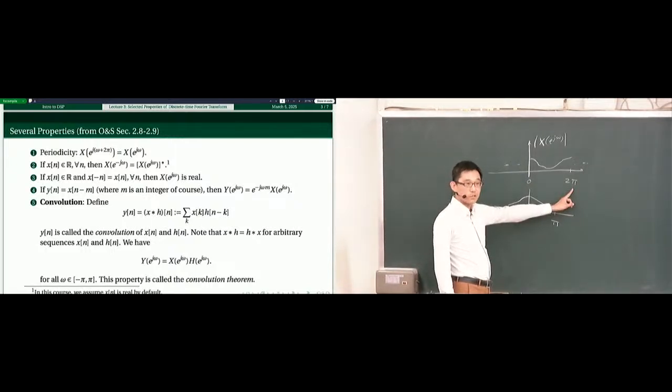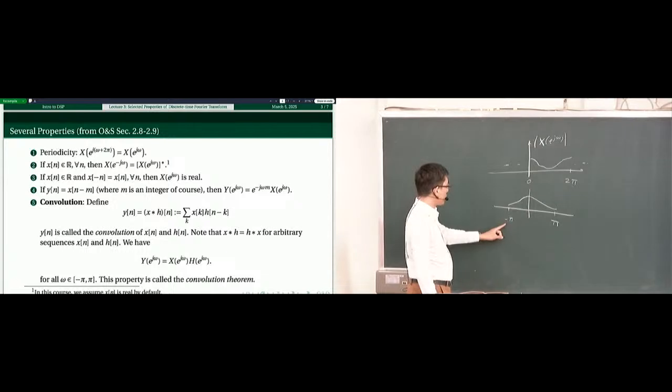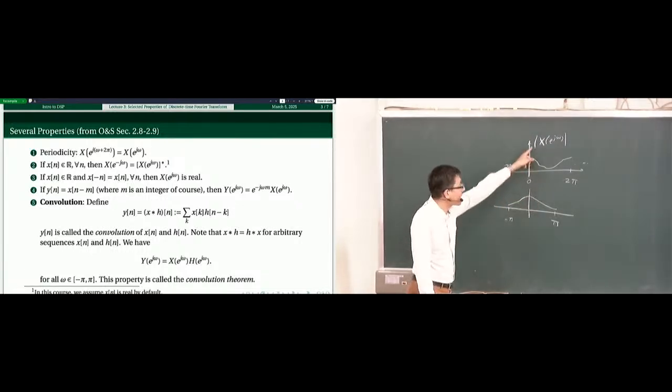The answer is no. Or this should be clearer: do we need to plot from minus pi to pi? The answer is no. Why? Because of the left and right, the magnitude spectrum will always be evenly symmetric. When you flip the spectrum left to right, it's always the same magnitude spectrum.